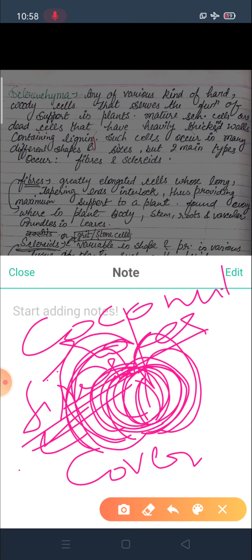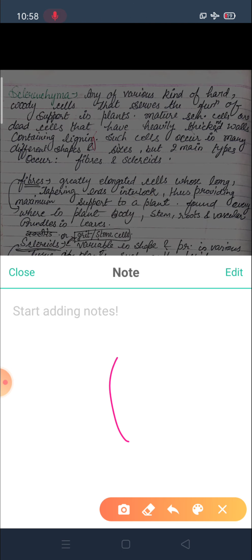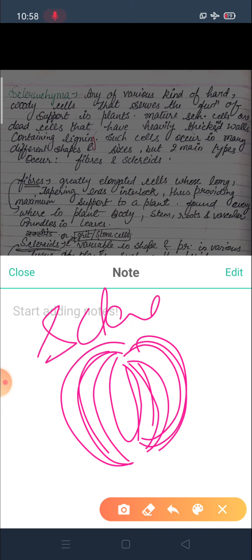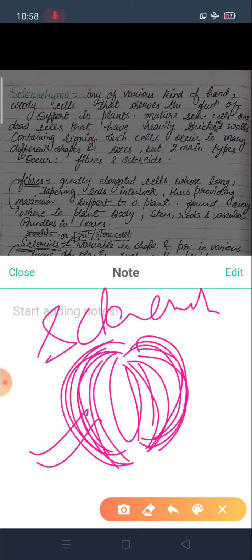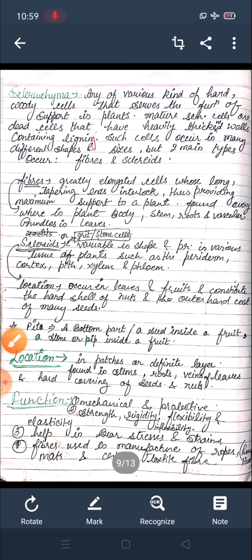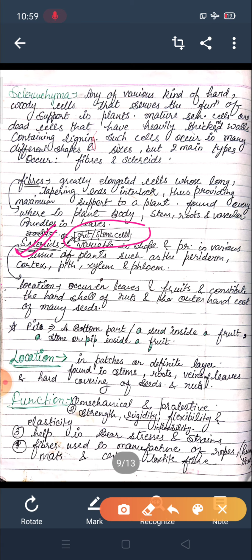That fiber on the coconut is made up of the plant tissue that is called sclerenchyma, coconut fiber, right? So what is the main economic use of that fiber? It is used in the formation of mats, ropes and many other important textile fibers, right?